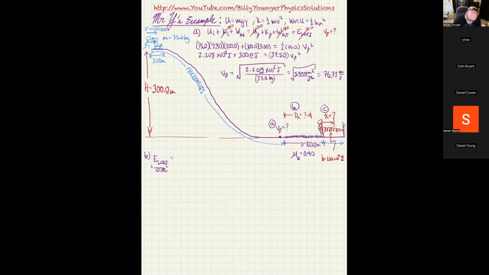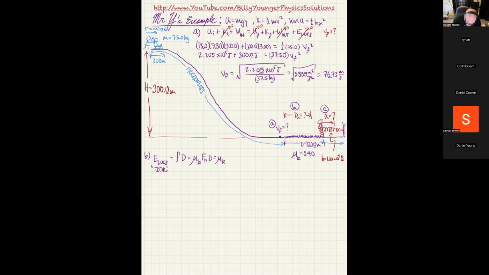So in this case, I'm just going to take the force, which is the friction force, times the displacement, which I call D. But the friction force for kinetic is mu kinetic times the normal force. But it is horizontal, so the normal force should be exactly equal to mg.